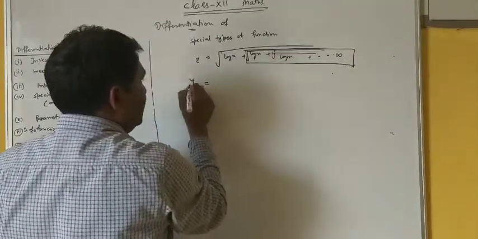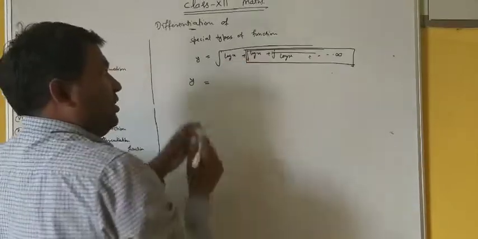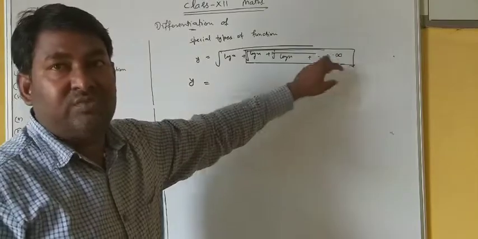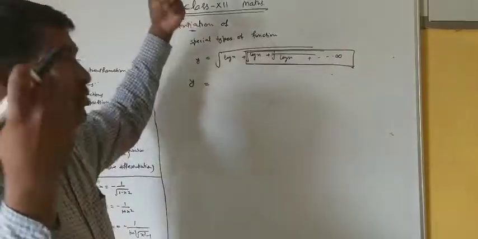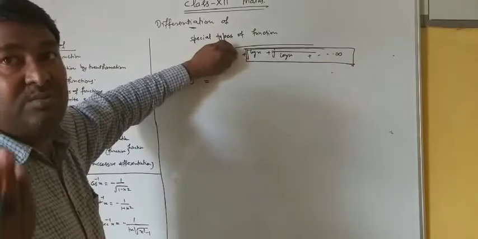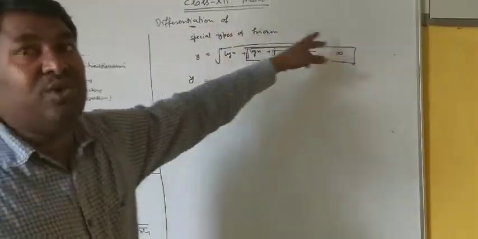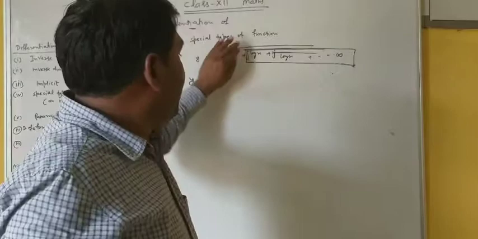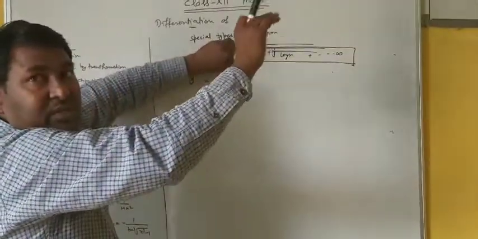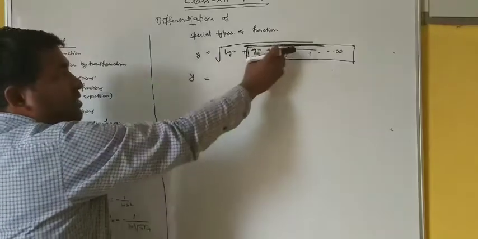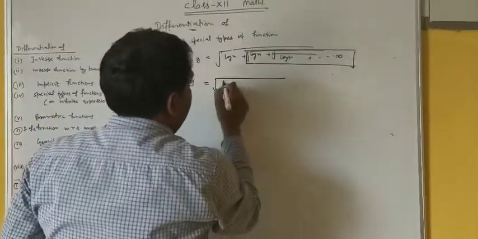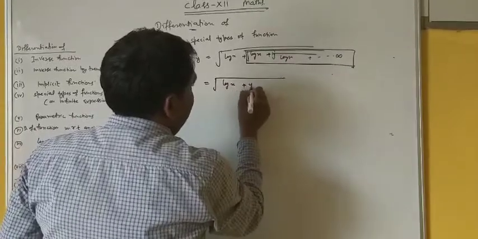Since the function is going till infinity, if you are omitting the first term, that will not affect much. This is also behaving like the original function. That's why it can be taken as y. So under root log x plus y.